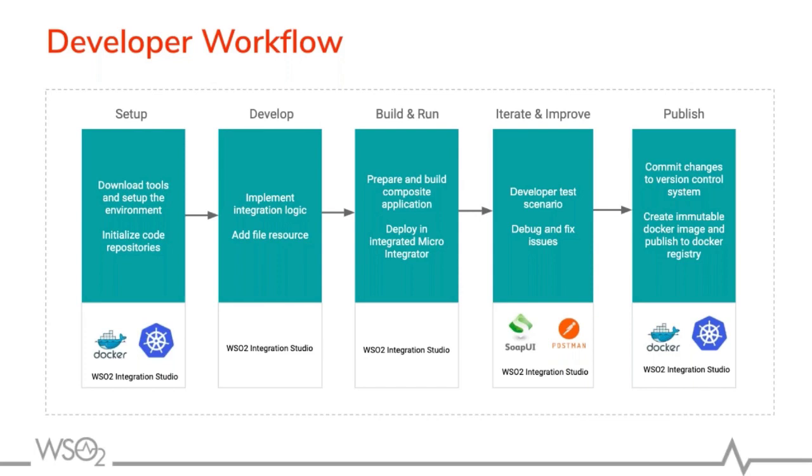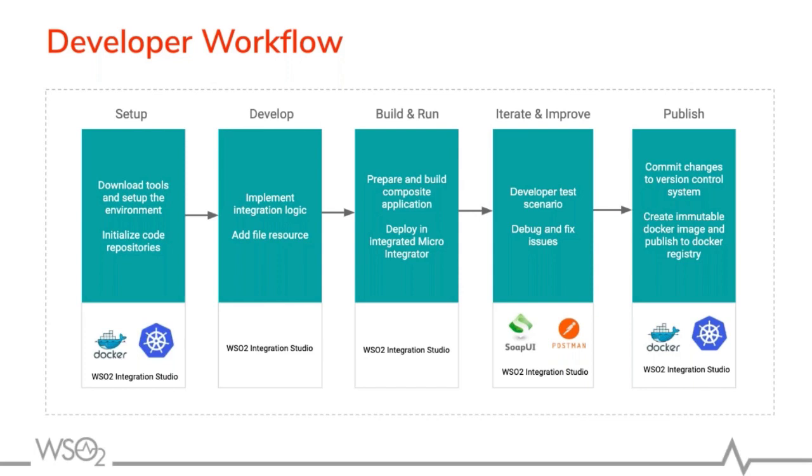After you have developed your required integration solution, you only need the WSO2 Integration Studio tool, and you can create a Carbon application, which consists of all these integration artifacts. Since we have packaged the Micro Integrator inside WSO2 Integration Studio, you can deploy those artifacts in a Micro Integrator instance within the Integration Studio.